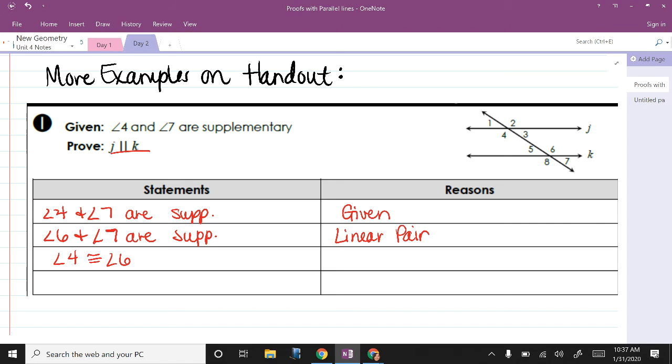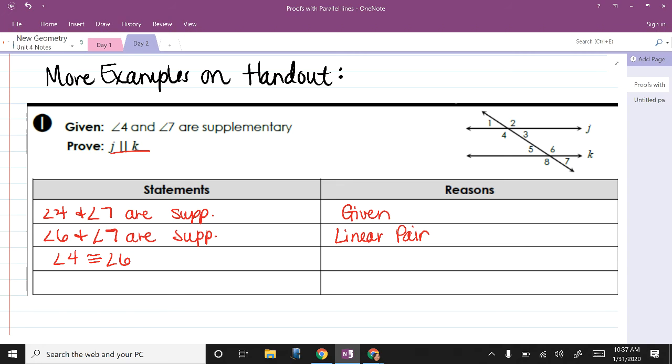Not transitive. Last unit. If they're supplementary with the same angle, then they are congruent to each other because of what? Congruent supplements theorem.